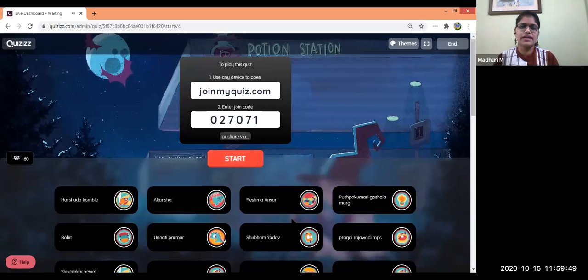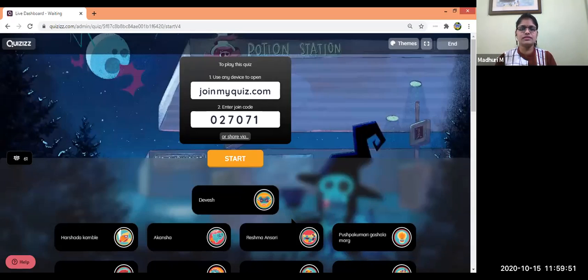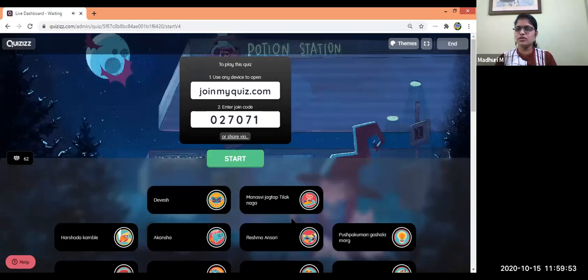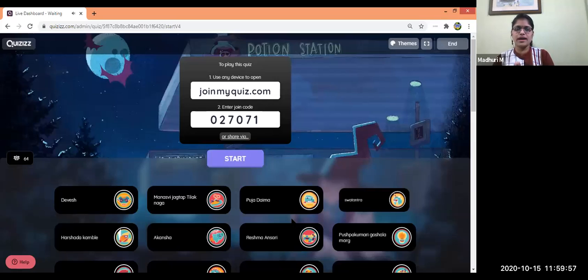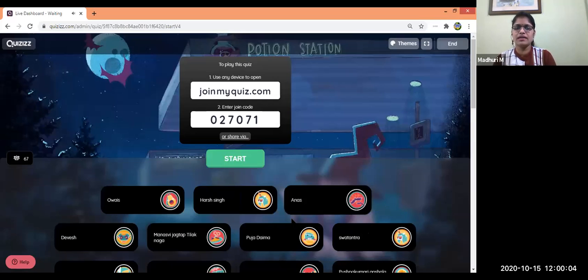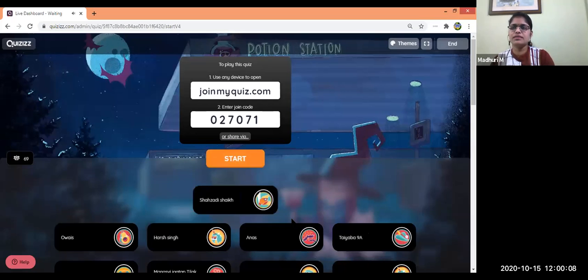Enter the code, that is 027071. Once you enter the code and hit enter, it will ask for your name. Enter your name and hit start. You will be on the dashboard waiting for other participants to join. Yes, 69 of them have already joined.